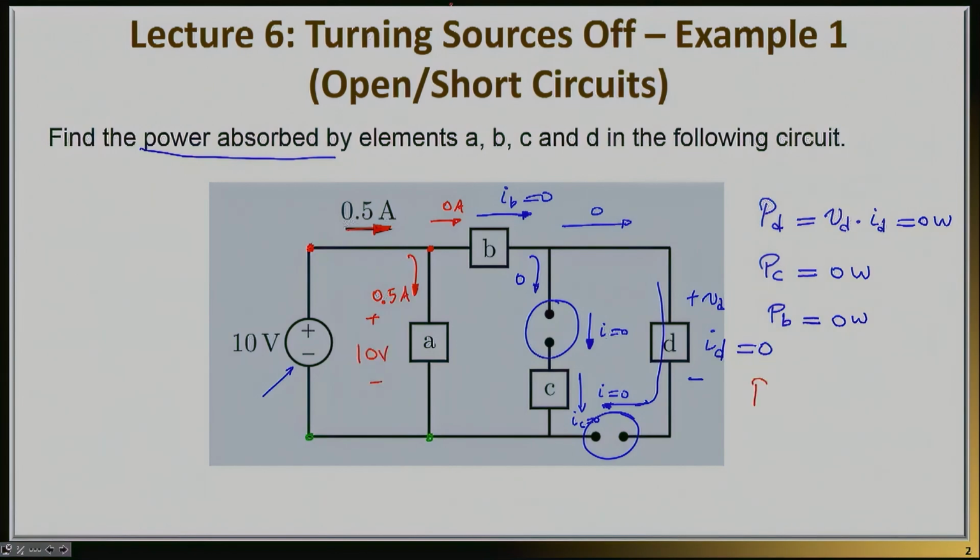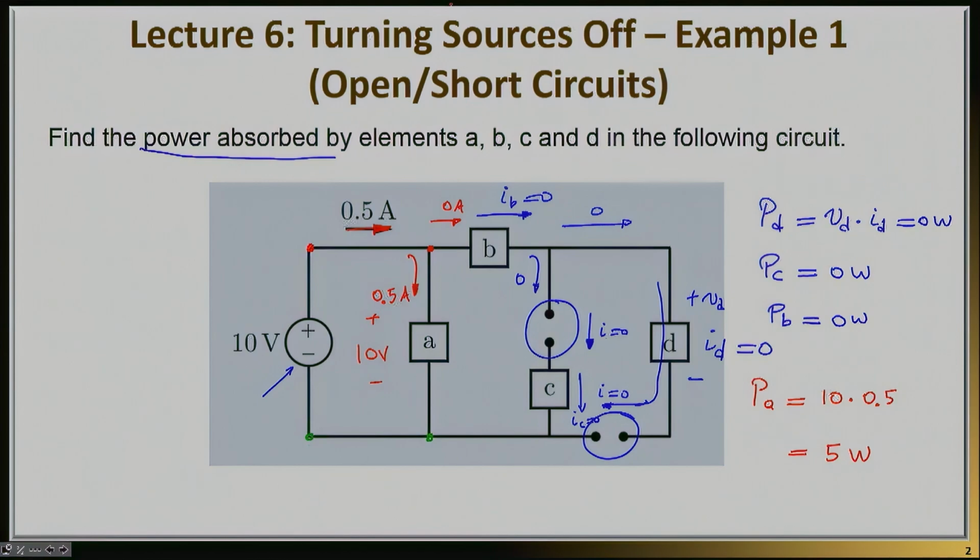And that means that the power consumed now by device A will be equal to the voltage drop across it, which is 10, times the current through it, which is 0.5. In the passive sign convention, indeed, my half an amp is flowing through device A from the plus node. So I do have passive sign convention, and therefore I have 5 watts consumed by device A.